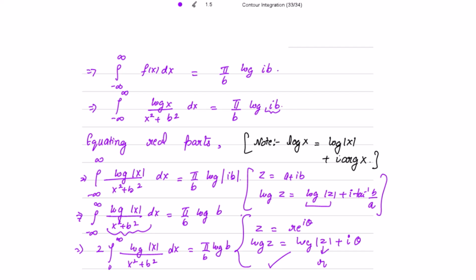And taking this 2 to the other side, now I can write log of mod x as simply log of x, so the integral from 0 to infinity of log of x over x square plus b square dx equals pi over 2b log of b. Hence the result.